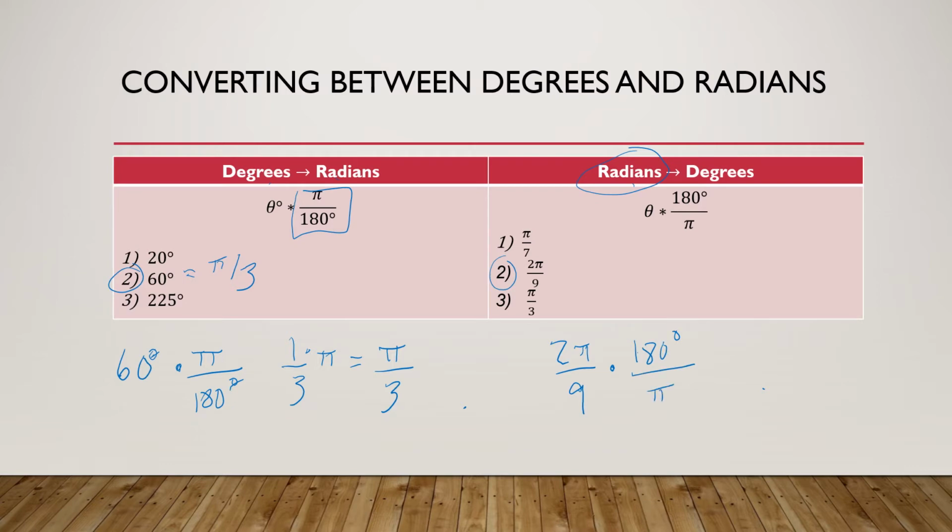If you see anything that can cancel out, use that to your advantage. So a pi over a pi reduces to just 1. We can cancel that out. 180 divides by 9 20 times. So 2 times 20 will give us 40 degrees.